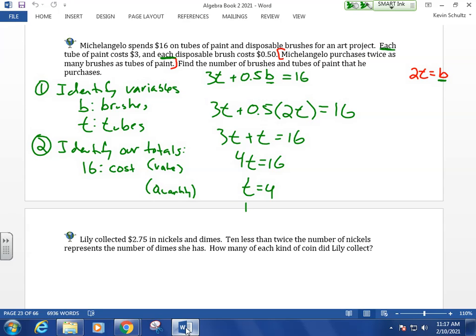And we can plug these values into our value equation also. 4 tubes of paint at $3 a piece, that's $12 plus 50 cents per brush. Okay, 8 brushes, that's $4, and 12 plus 4 is 16. It checks out.